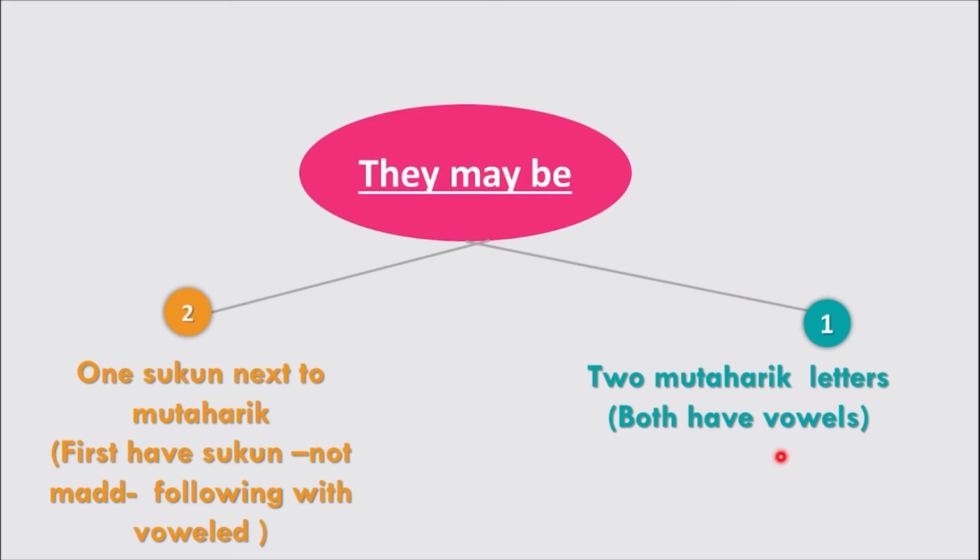So we have two probabilities here. The first one is that the two letters are mutaharrik, both having haraka, and the second one is that one of the letters has a sukoon and the other one has a haraka. But make sure this sukoon is not mad, as we're going to show in more detail inshallah, bi'idhnillahi ta'ala.